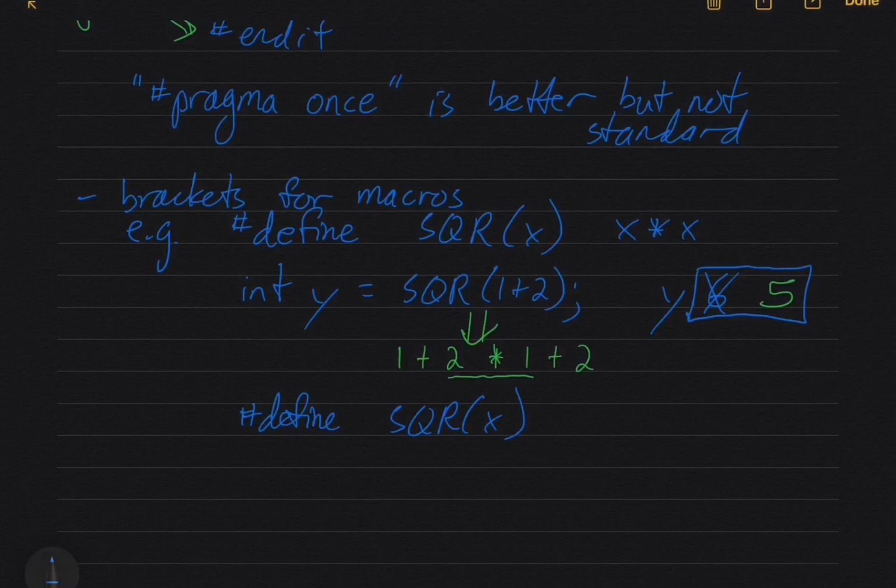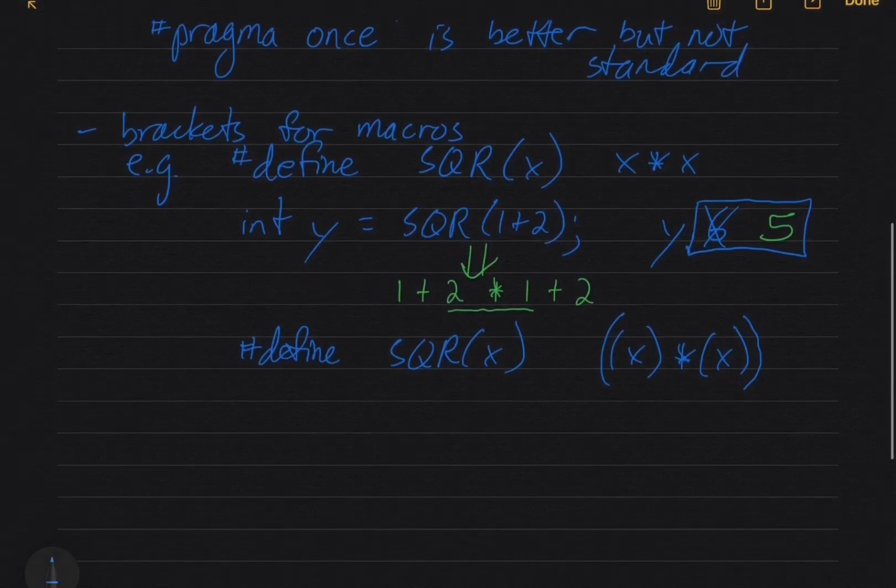So this would be better defined as, just think about how would you fix that problem above? Well, we'd want brackets around the 1 plus 2, so brackets around the x times x. But what if this was all combined with another operator that had higher precedence, or lower precedence, I don't know, put brackets around all of that. So usually these macros that are going to get expanded have brackets around them.